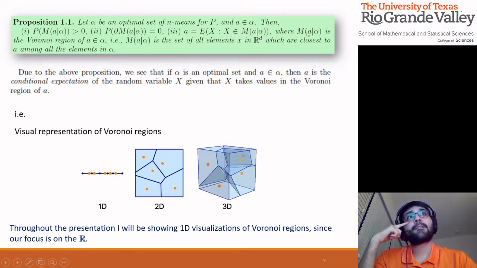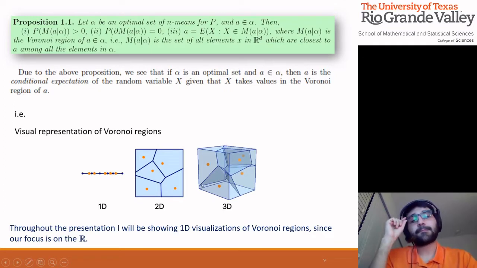So here, this right here is the Voronoi region of a, an element of alpha. And the Voronoi region is the set of all elements x in R^d which are closest to a among all the elements in alpha. So what is a Voronoi region?